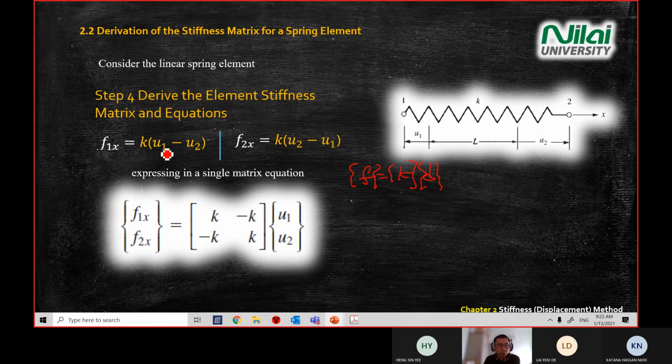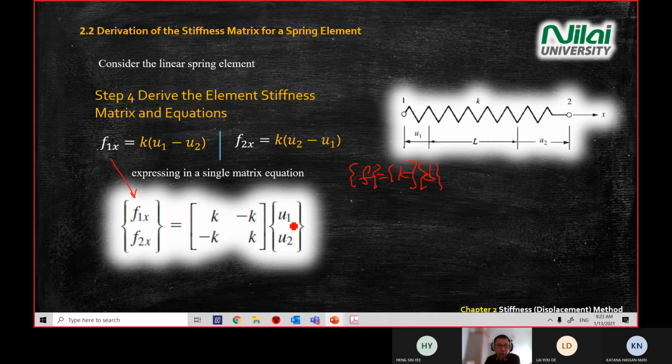This is a 2 by 2 matrix, which is quite easy. On the left is the force, F1x and F2x, equal to the stiffness matrix times the displacements U1 and U2.